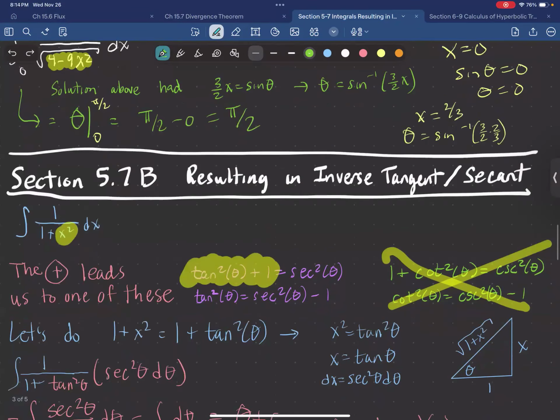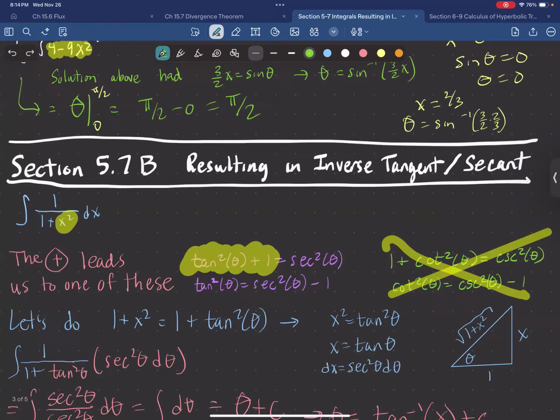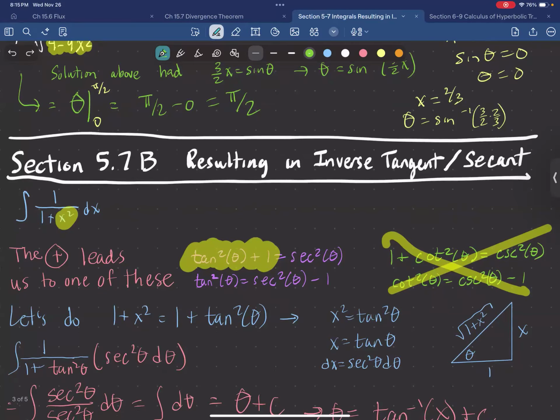I drew my triangle. I don't think I used the triangle. Derivative of tangent theta is secant squared theta, so dx equals secant squared theta d theta. We're going to replace our x squared with tangent squared.